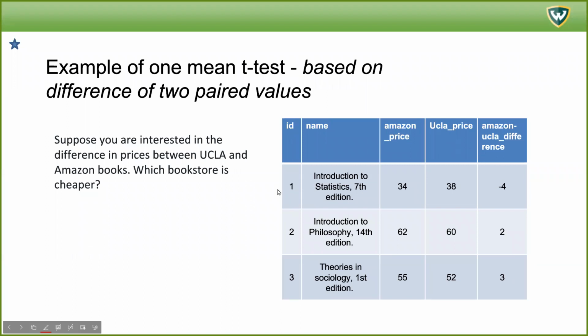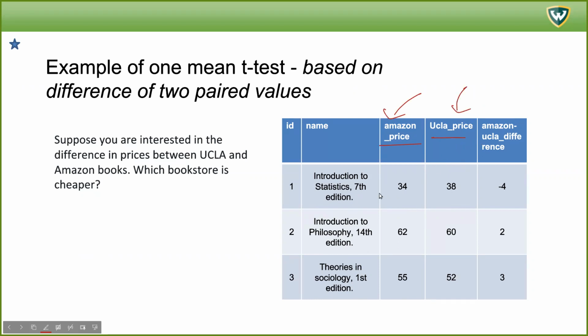So suppose you have some data on prices of books: Introduction to Statistics, Introduction to Philosophy, Theories in Sociology. And this is just the beginning. Maybe you have 30 books or 50 books or 20 books, not just three, but here we can start seeing. One of your prices is the Amazon price, and then you also have the UCLA price.